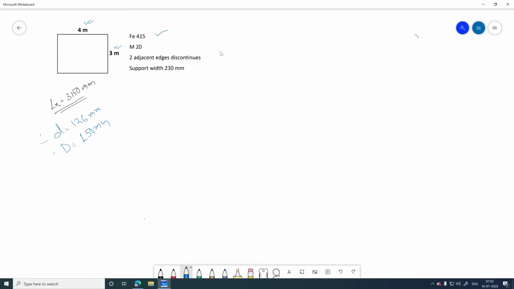Now the next step is the load calculation. So let's write load calculation. What you need to do in case of load calculation, as we have done in the case of one way slab, is initially determine the dead load, that means the self weight. What will be the self weight? We have determined the overall depth, that is 150.